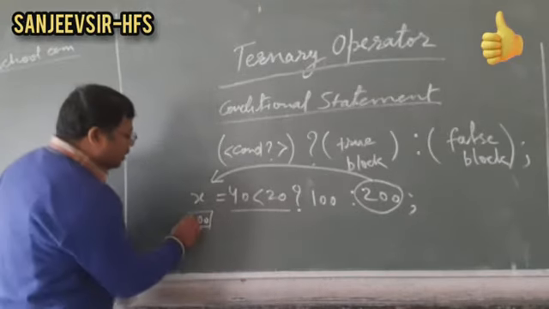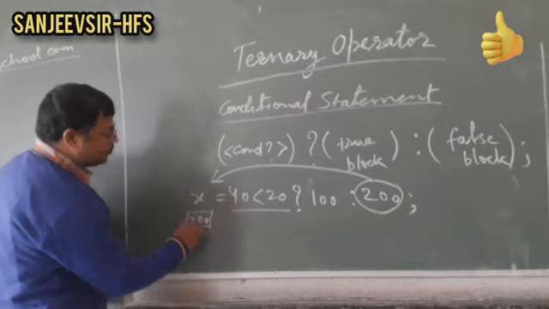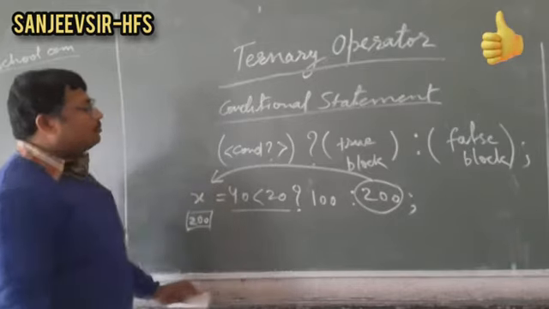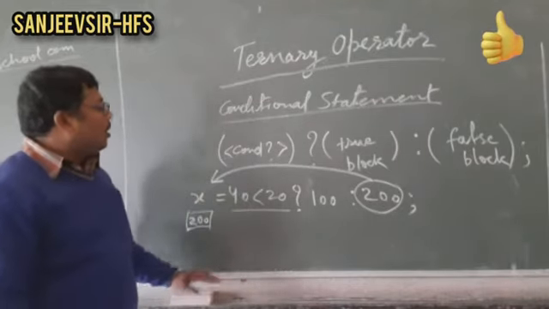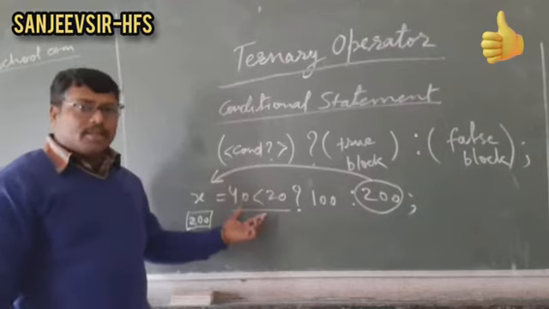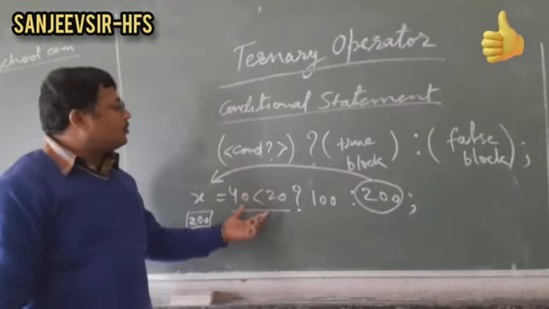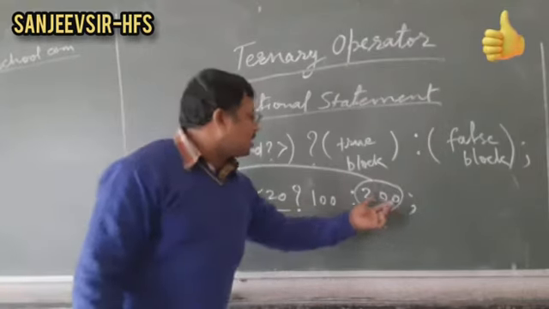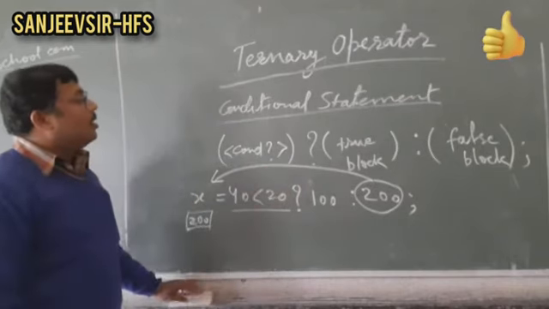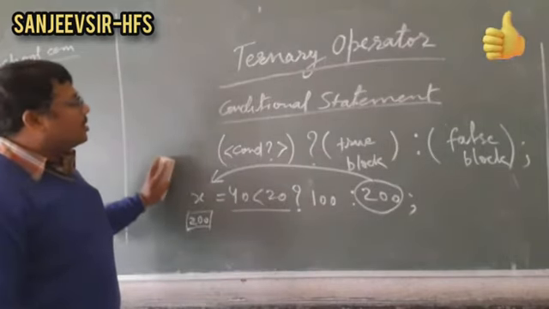Here x will contain 200. Because condition result, that is this Boolean result, is false, so 200 will be assigned to the x. Now we understand with another example.